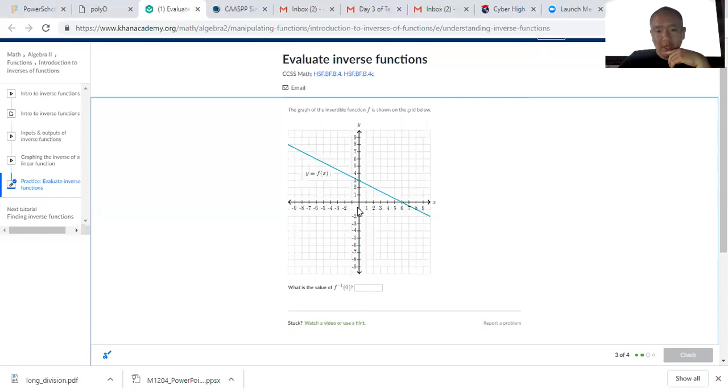If the y is 0, that means it's right here at 6, right? So they're looking for where the y is 0. So it's right here. This is 6, 0, correct? So 6 is the x, y is 0. So this answer right here is 6.